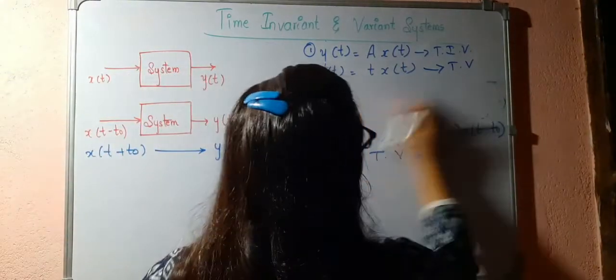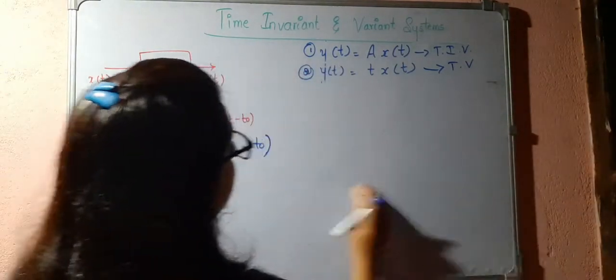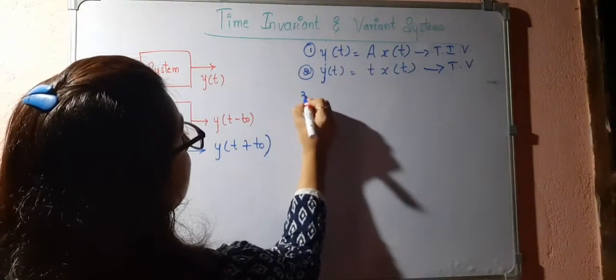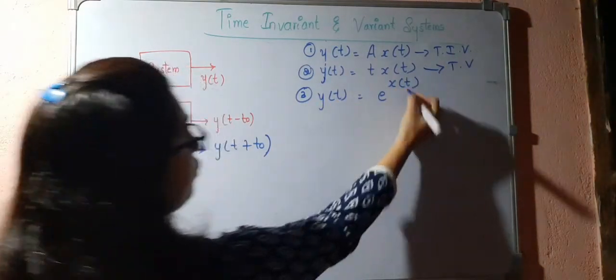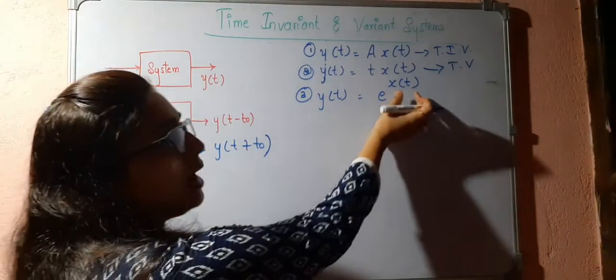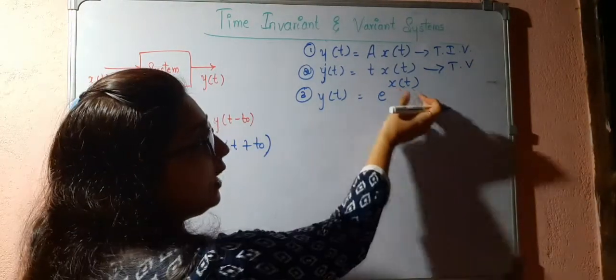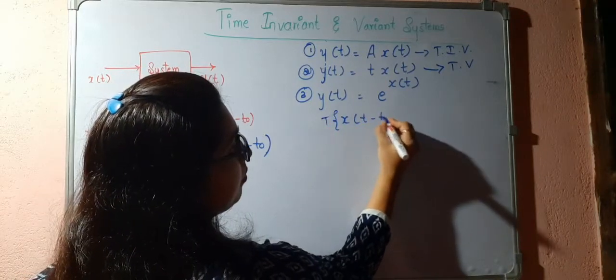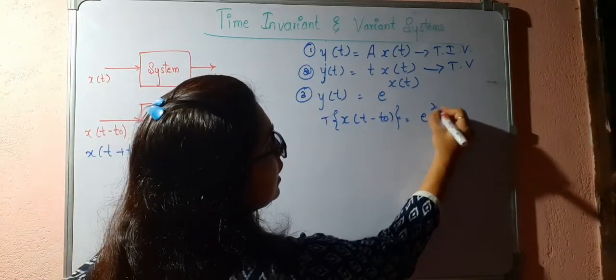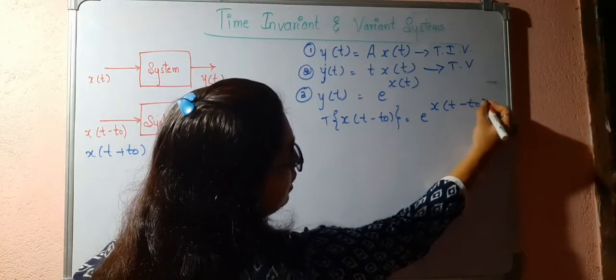I will take the third example, e to the power x of t. If I pass the signal through the delay, now I get x of t minus t naught, right? This is e to the power x of t minus t naught.